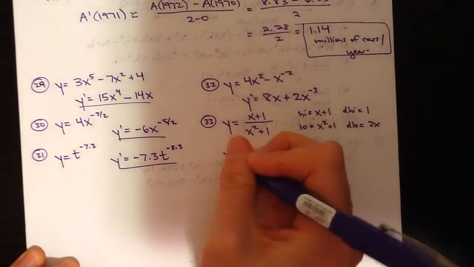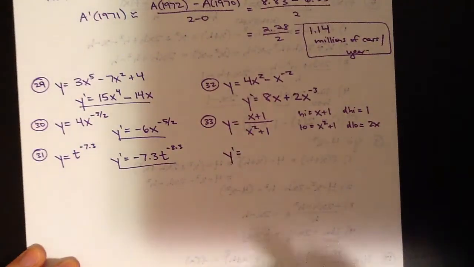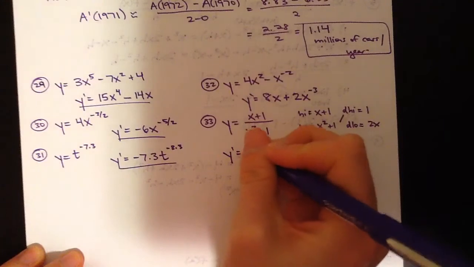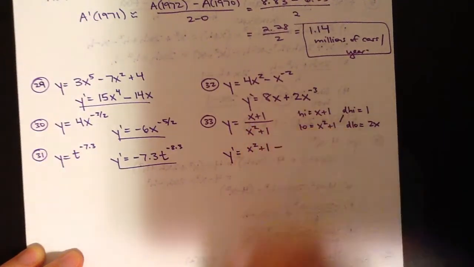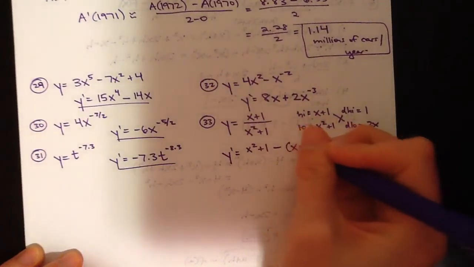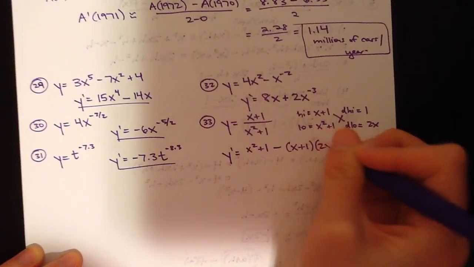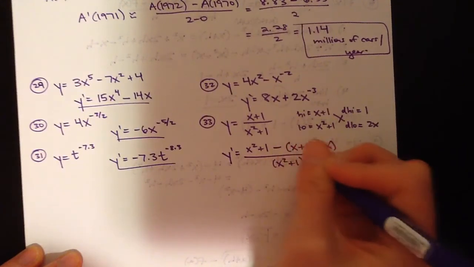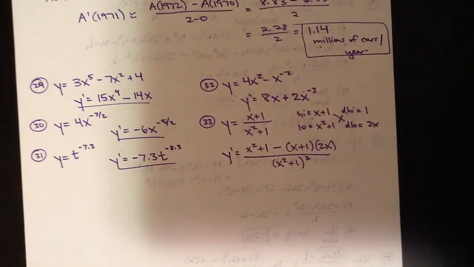So y prime, my quotient rule is low d high, so I multiply these two together. So low d high is just an x squared plus 1, and then minus high d low, so minus an x plus 1 times the quantity 2x, and then all of that over low, so x squared plus 1, quantity squared. Now the denominator, you do not need to FOIL that out.